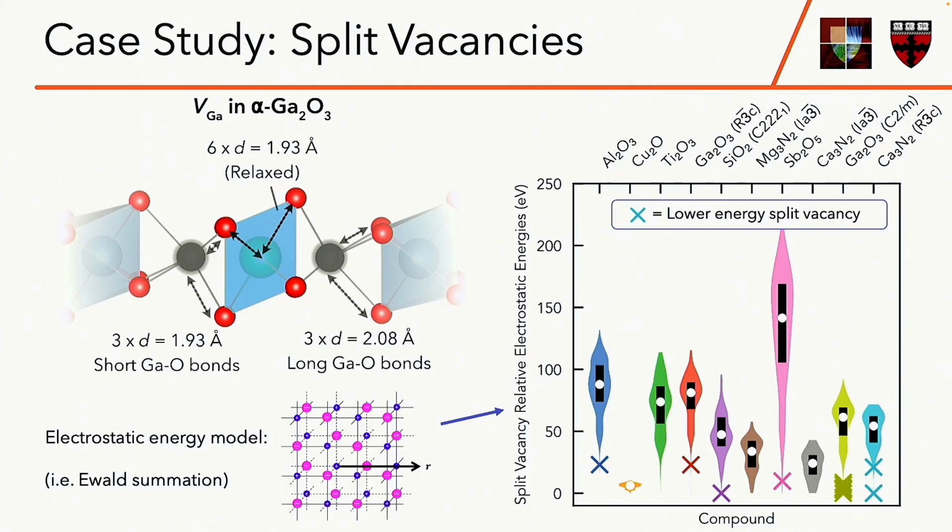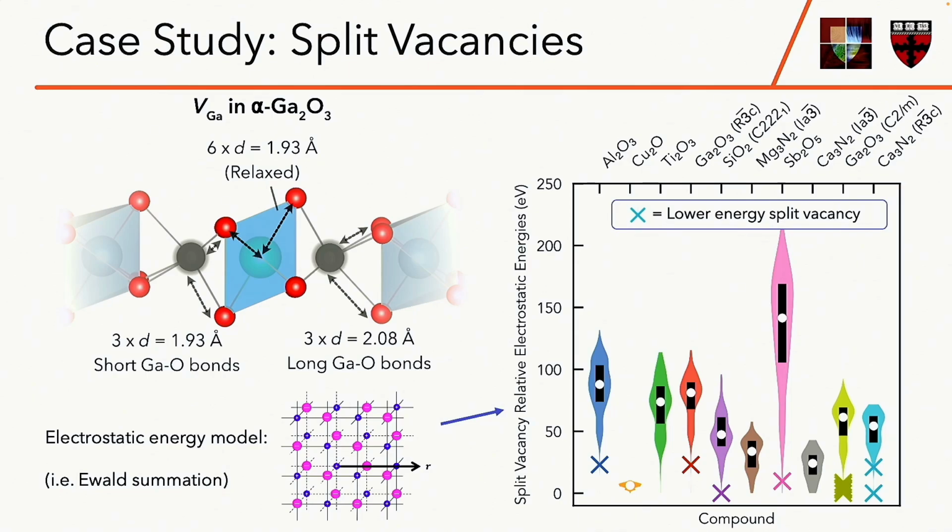So if I enumerate all possible split vacancy configurations, just using some simple geometric analysis within the handful of materials which have shown this type of defect thus far, and then compute their electrostatic energies using a simple electrostatic model, or essentially the Madelung potential, what I find is that those which give lower energies than the simple point vacancy when we relax them with DFT, which are indicated by the X's here, are in general some of the lowest energy configurations according to our electrostatic energy model. So showing that it is really just mostly electrostatics governing this behavior.